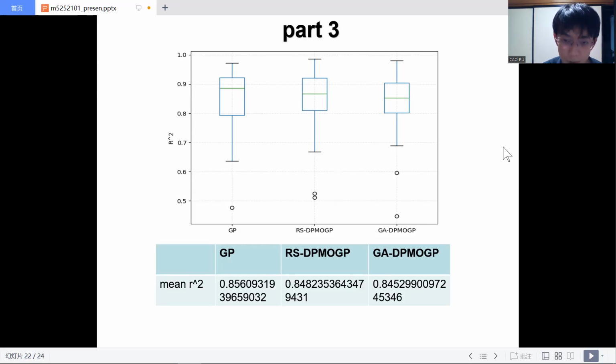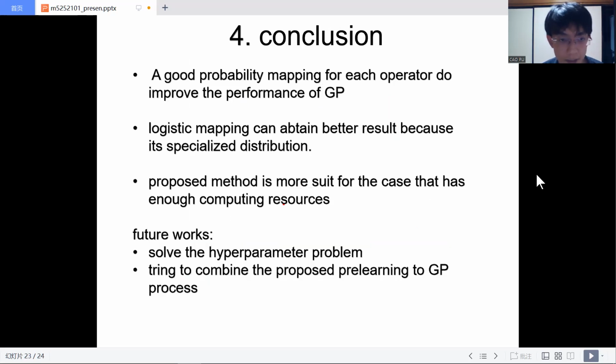So from the experiments we can see that our proposed method is more suitable for the case which has sufficient computing resources.